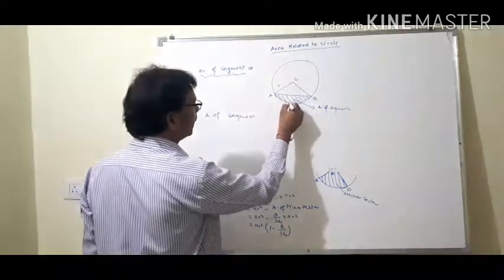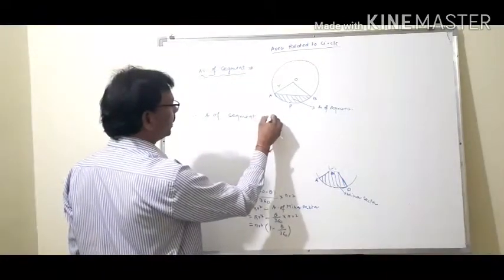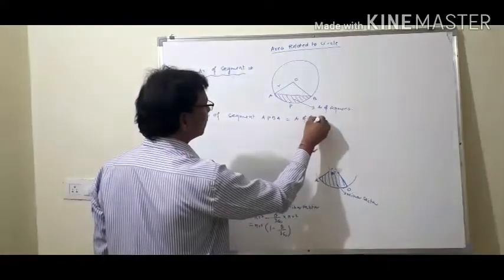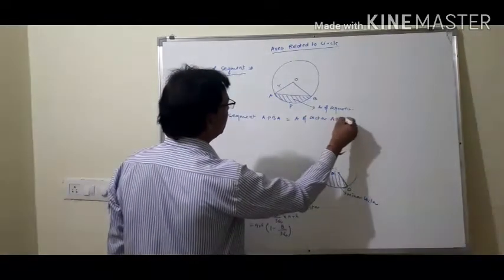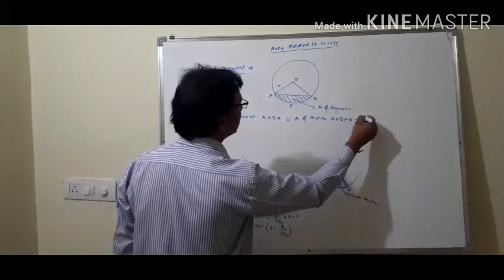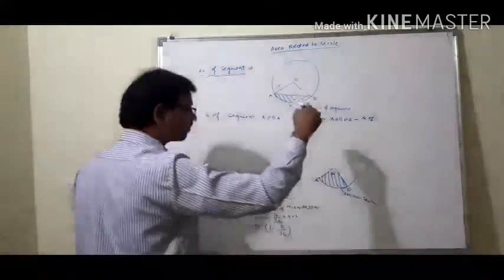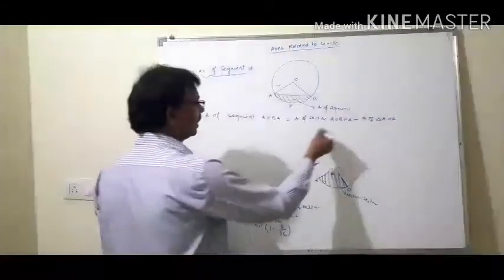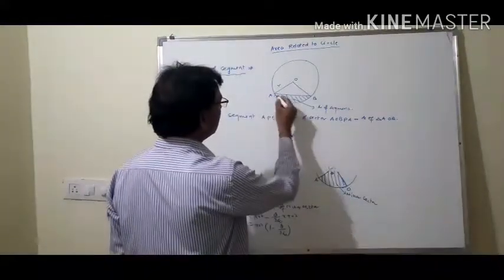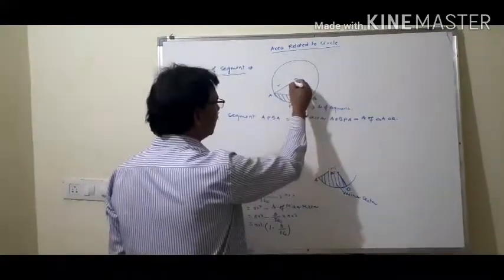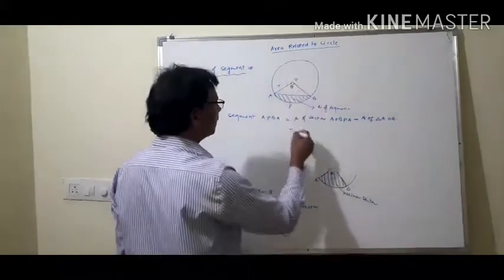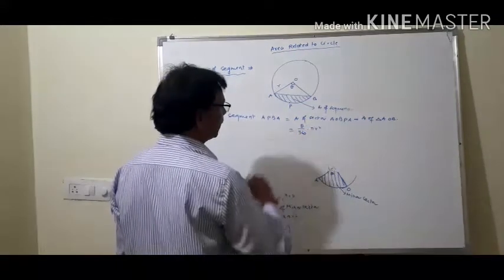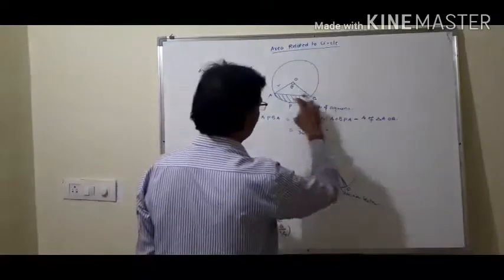Suppose we write here P: area of segment APBA is equal to area of sector AOBPA minus area of triangle AOB. Since the area of sector AOBPA, if this angle is theta, will be theta upon 360 into pi r square, minus the area of this triangle.